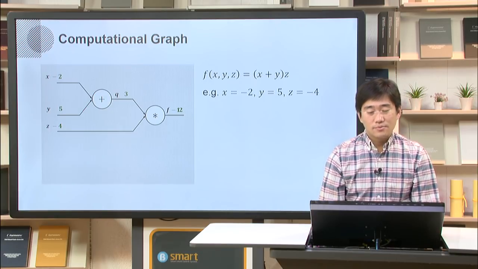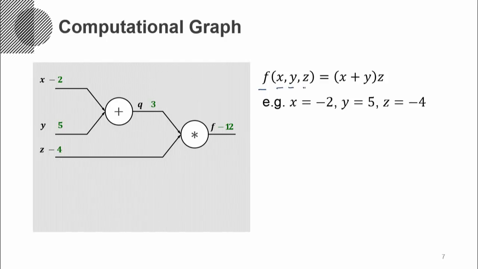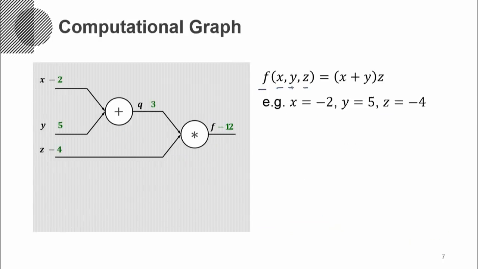And now let's suppose our function f will take the vector of three-dimensional input. So previously we considered the input variable is a two-dimensional vector, and now we consider a three-dimensional vector that is composed of these three numbers for our input. And then suppose our function is defined by this equation.